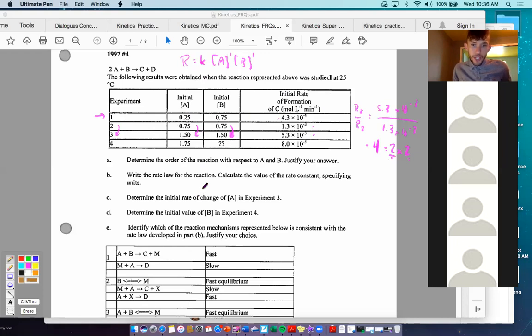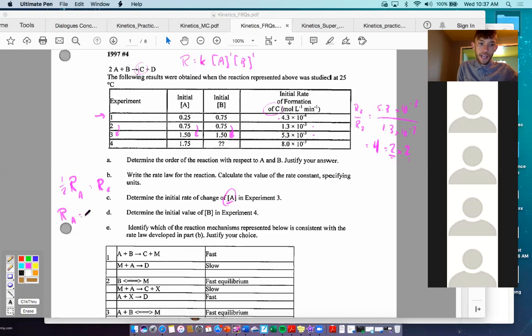The initial rate of change in experiment 3 of A. So the rates here are reported as rates of formation of C. And I know that C is getting formed at a rate such that for every 1 molecule of C, I consume 2 molecules of A. So in experiment 3 here, the consumption of A should be twice this. In other words, we could say 1/2 the rate of A is equal to the rate of C.